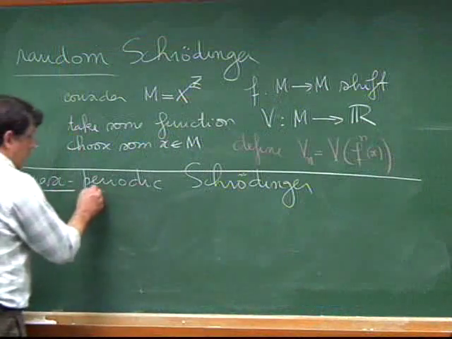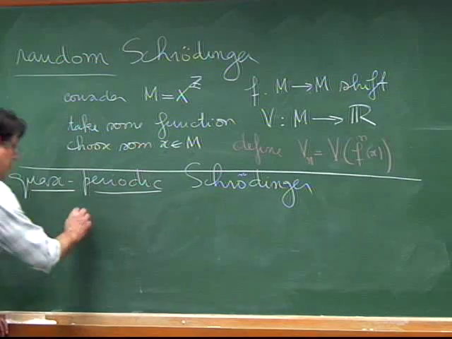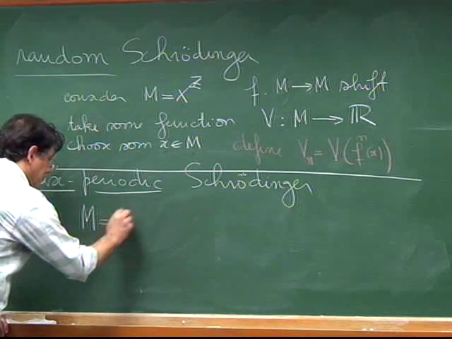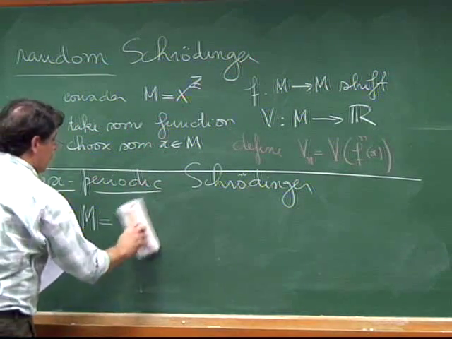Quasi-periodic is perhaps the most famous because it involves a lot of beautiful mathematics. It's where you take M to be the circle. In fact, you can do this with, here I actually wrote the torus, more general.